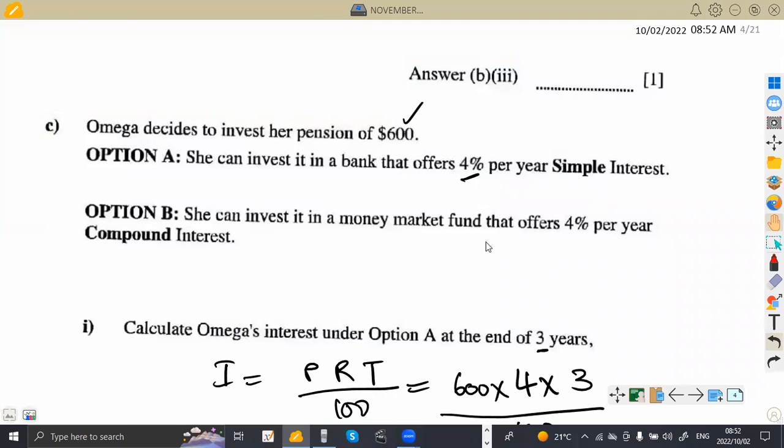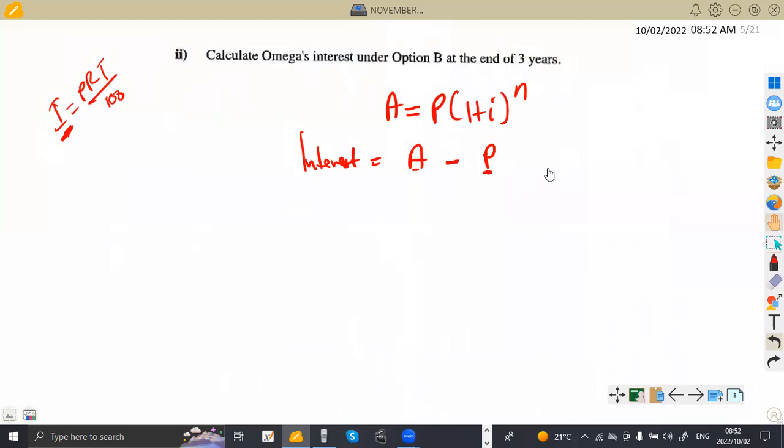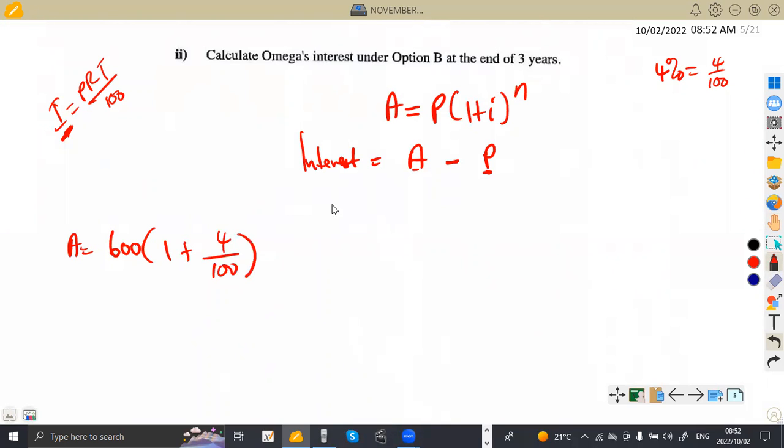We have to find the amount first for the 4% over the 3 years. So the amount is equal to the principal, 600, into 1 plus the interest rate. The two options have the same interest rate of 4%, which is 4 over 100 as a decimal, to the power of n, the number of years, which is 3.